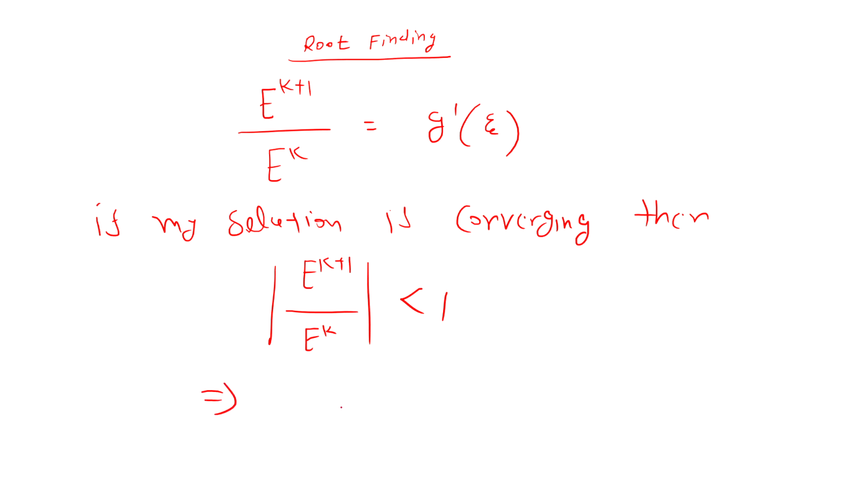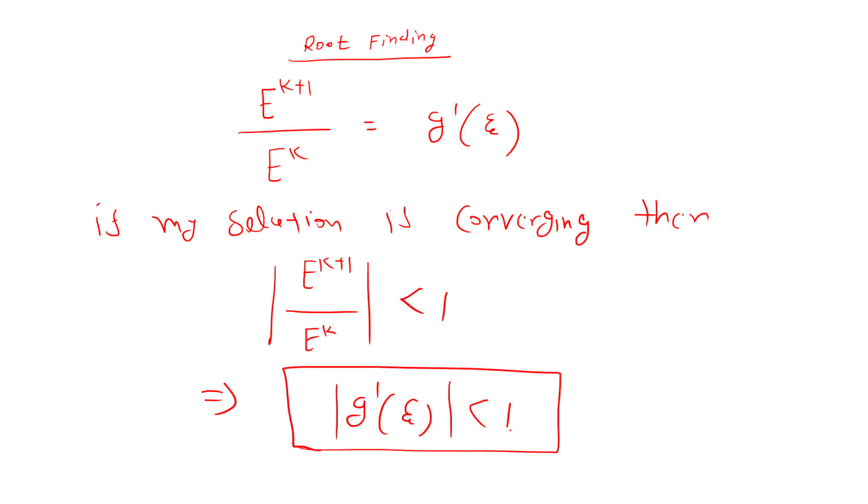This implies that mod of g prime chi must be less than 1. So this is the constraint over function g of x. If this condition is satisfied, then my solution will definitely converge towards the true root in this fixed point iteration method.